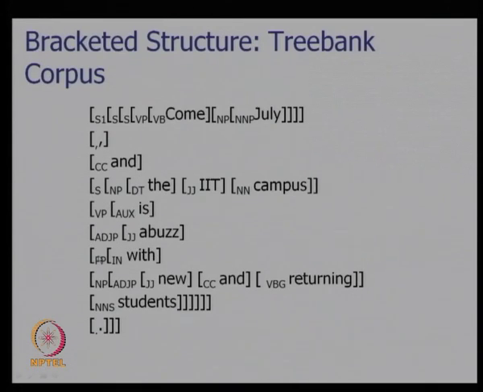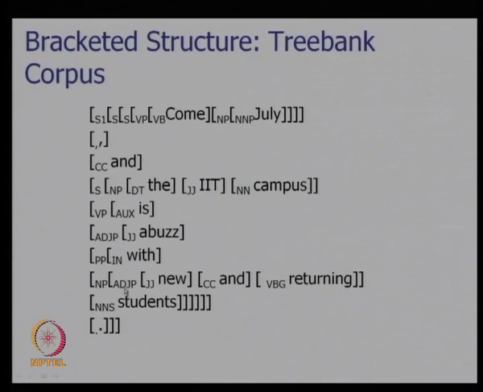Let us take a look into the structure of the adjective phrase itself. The adjective phrase surely has an adjective as the head which is abuzz, and abuzz is taking a preposition phrase after this which has with as the preposition. The tag IN is used for preposition in the tree bank corpora.